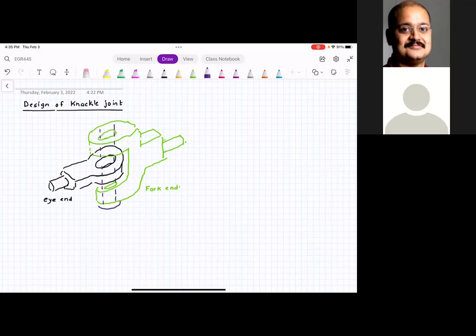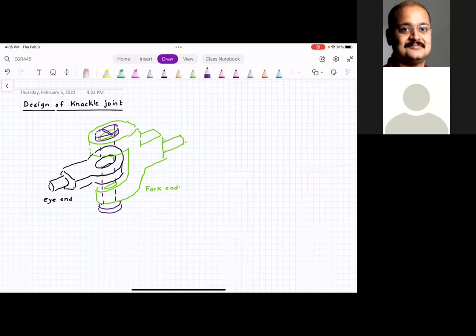This pin has a collar, a top collar. And then there is a lock pin. I want you to understand this knuckle joint is just like a knuckle joint like this. So you have a central pin, you have an eye end, you have a fork end.